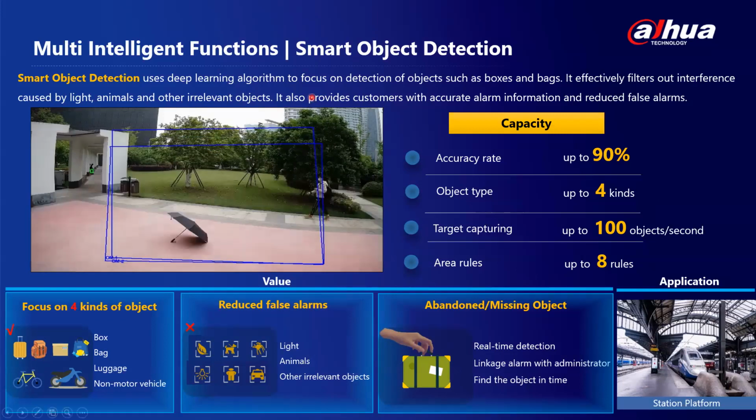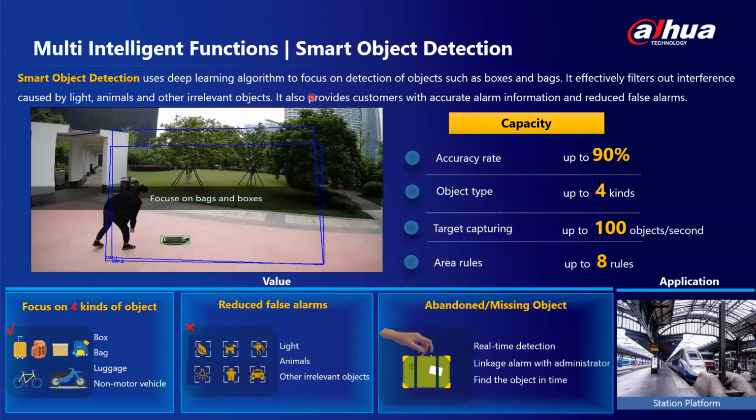It is basically used to focus on detection of objects such as boxes and bags, or any other object or property left behind by different individuals. So it effectively filters out interference caused by lights, animals, and other irrelevant objects that can cause an alarm, thus providing customers with accurate alarm information and reducing false alarms.